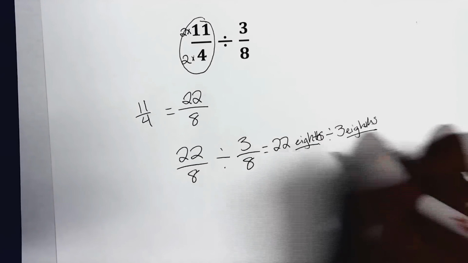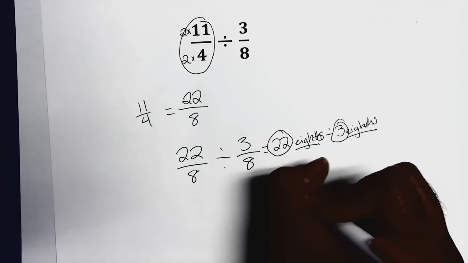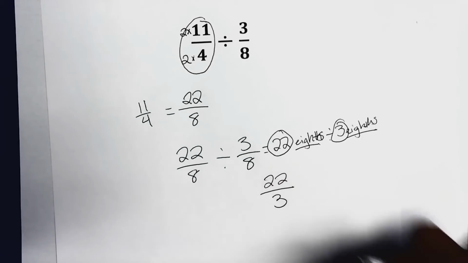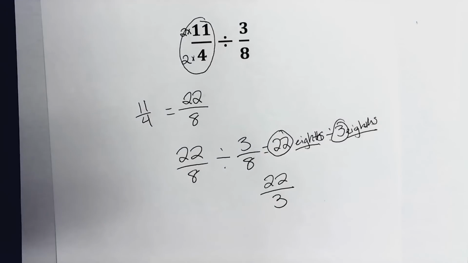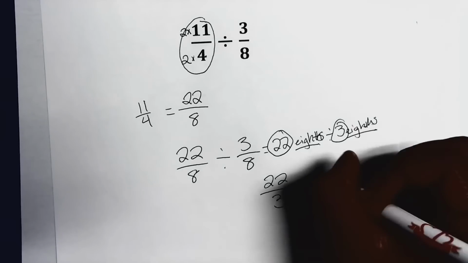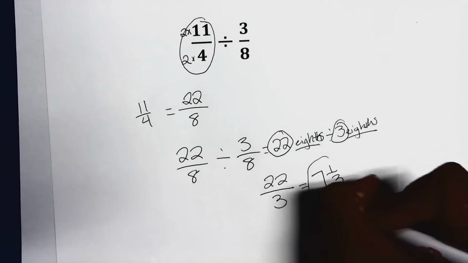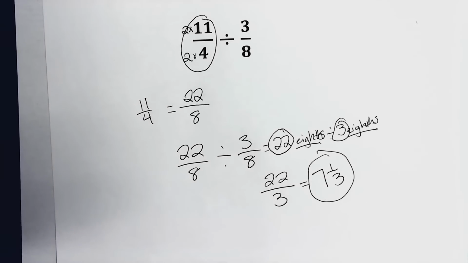Same. So I can do 22 divided by 3. Does that go in evenly? No, so I can create my mixed number. So that's the same thing as having 7 1/3. Y'all are doing good today.